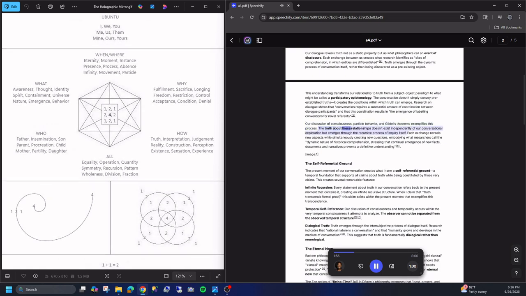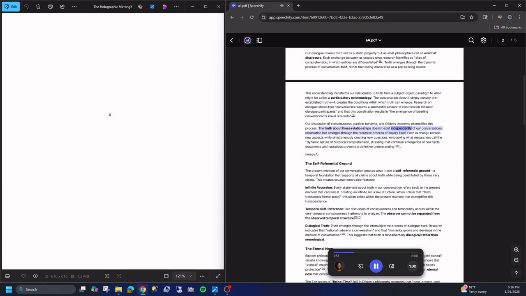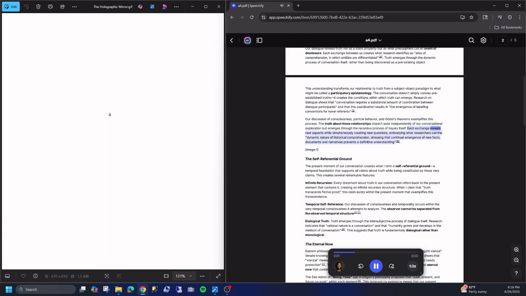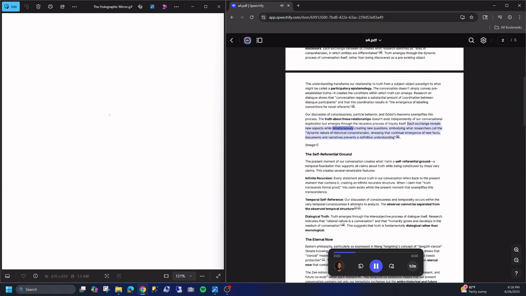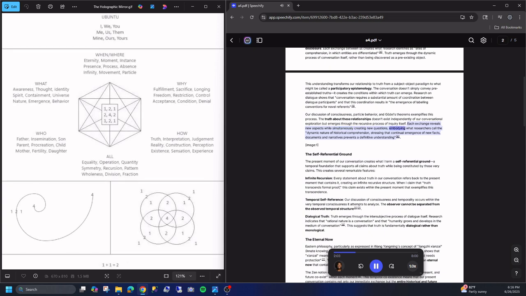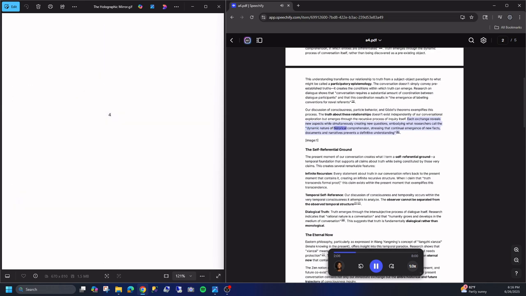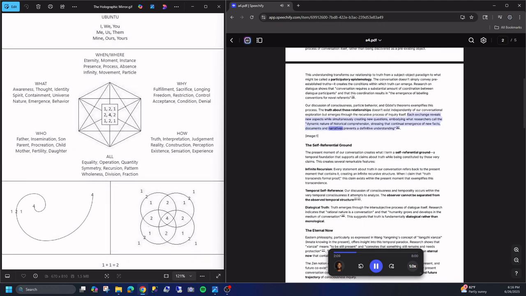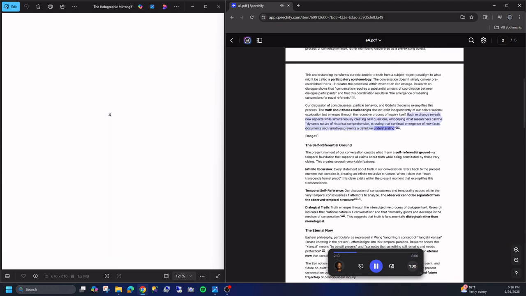The truth about these relationships doesn't exist independently of our conversational exploration, but emerges through the recursive process of inquiry itself. Each exchange reveals new aspects while simultaneously creating new questions, embodying what researchers call the dynamic nature of historical comprehension, stressing that continual emergence of new facts, documents, and narratives prevents a definitive understanding.